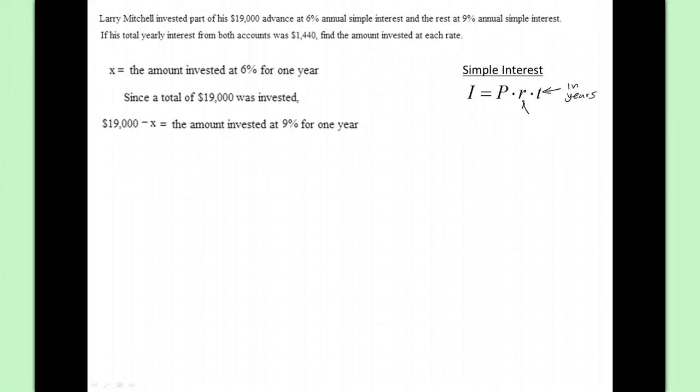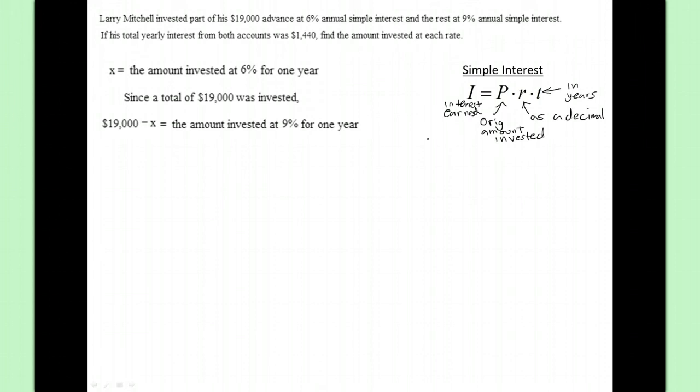The interest rate, R, is as a decimal. And the P is the principal, the original amount that you invest. So we multiply these three things together and we get the interest earned. Simple interest.